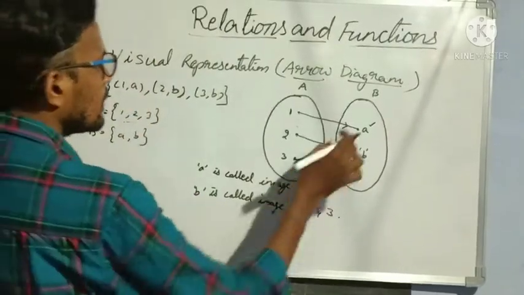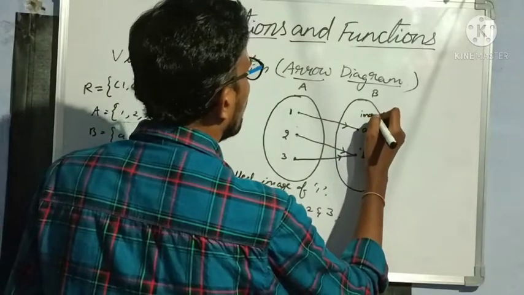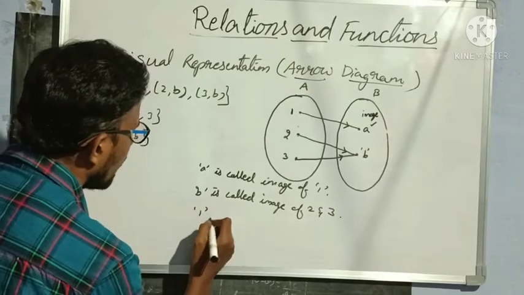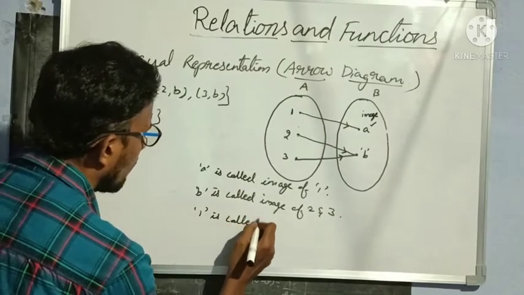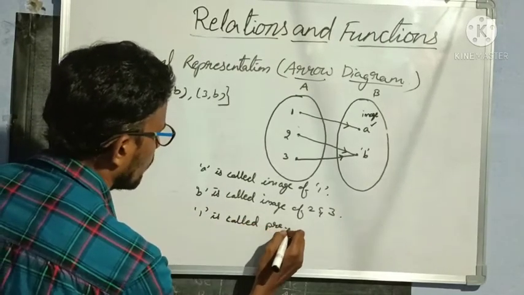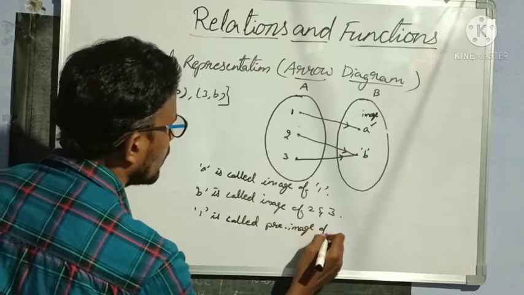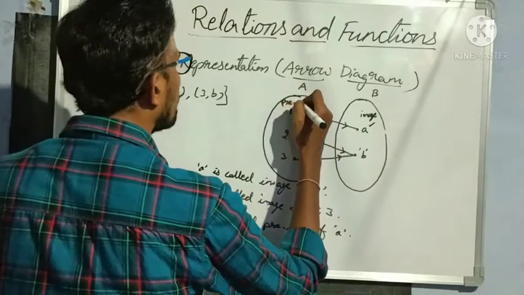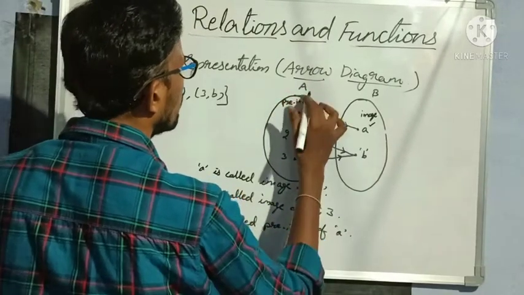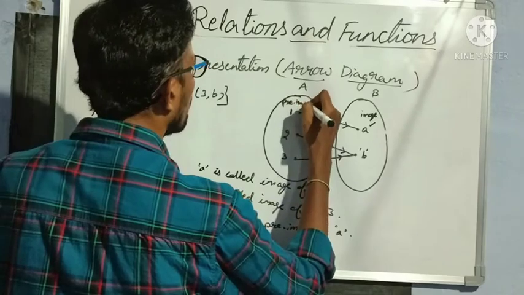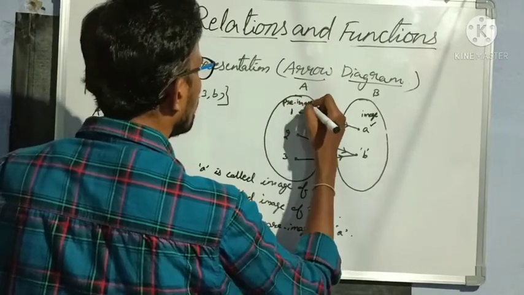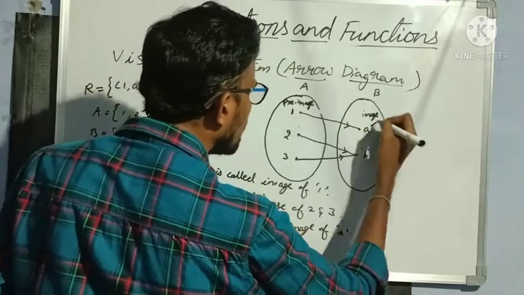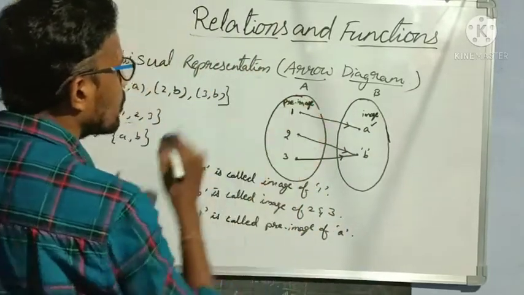In the same way, if this is image, then I hope this also has some name, right? So what is that name? Here 1 is called the pre-image of A. Okay, so the elements present here are called pre-images. Understood? The elements to which we are mapping are called images, and the elements from which we are mapping are called pre-images.